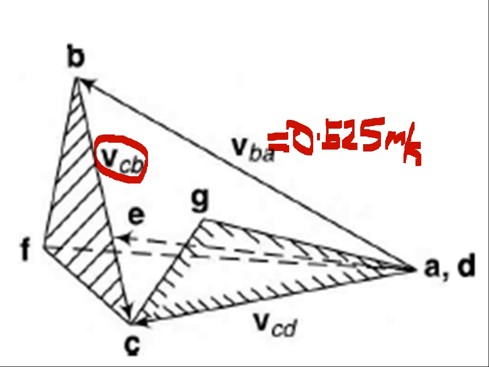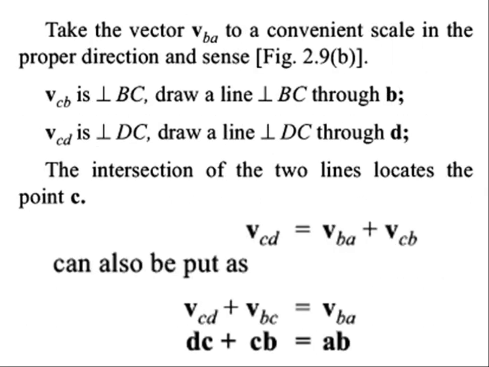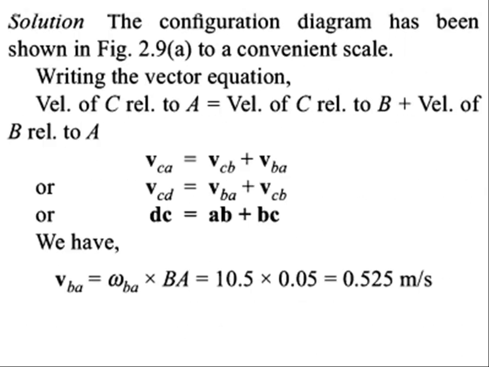Then with the initial point A or D, this point, take a distance, just draw a line perpendicular to CD, and then you get an intersection point as point C. Okay, so VCB and VCD both you have to draw.